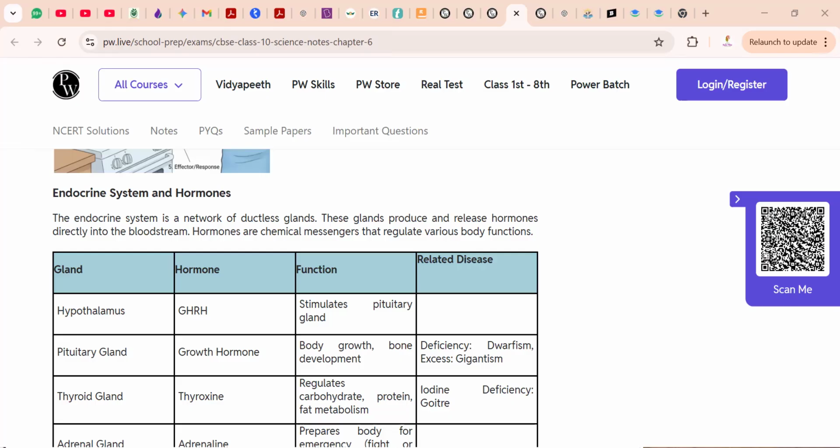The axon is transmitting the impulse away from the cell body. Then last are the nerve endings. In response to this impulse, what happens? The nerve endings release a chemical called the neurotransmitter. So the neuron has the dendrite, cell body with the nucleus, and then the axon.